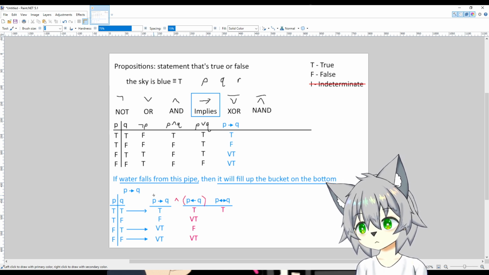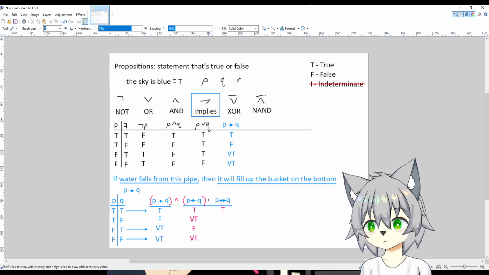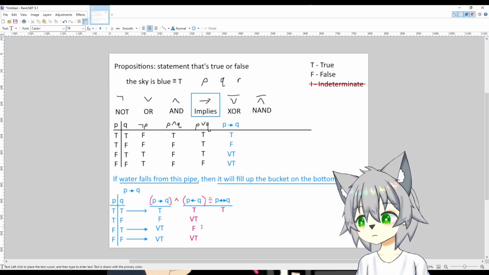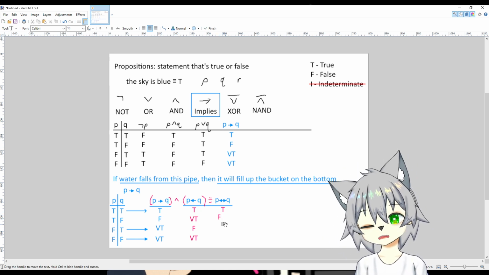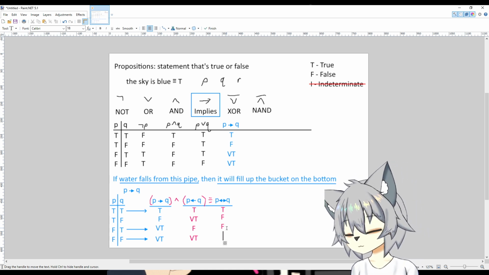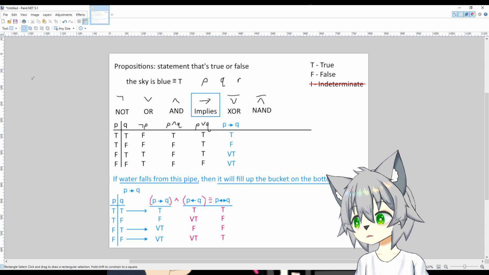This entire statement here gets ANDed, and its equivalency is this. And so these two are true. This one is false, so we don't have to worry about that. One of those is false, so that also just kind of happens. And both of these are technically vacuously true, so the bottom is true.